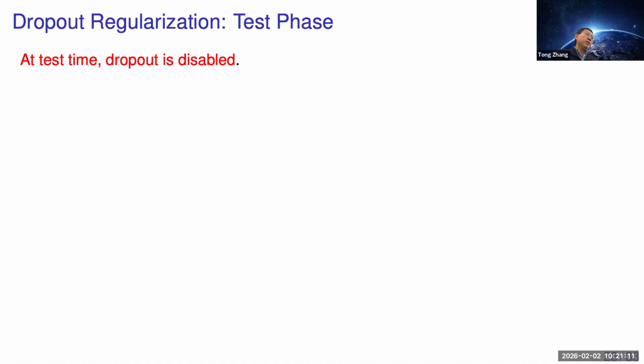You have random outputs. Unless you average over all the randomness, it just gives you random outputs, which is not desirable. People don't do that. So therefore you disable it.